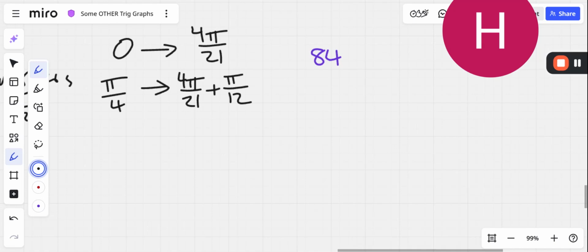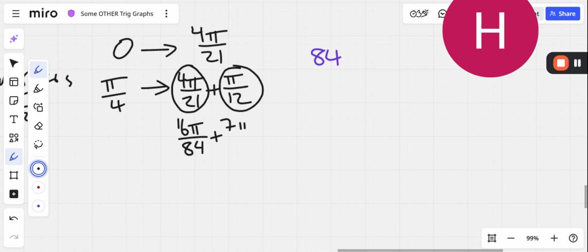It's 84. And the way I get this is I multiply this one by 4, and I multiply this one by 7. And so this is going to be 16 pi over 84 plus 7 pi over 84 for a total of 23 pi over 84. What a hideous number. But it doesn't matter what that value actually is in decimal form.